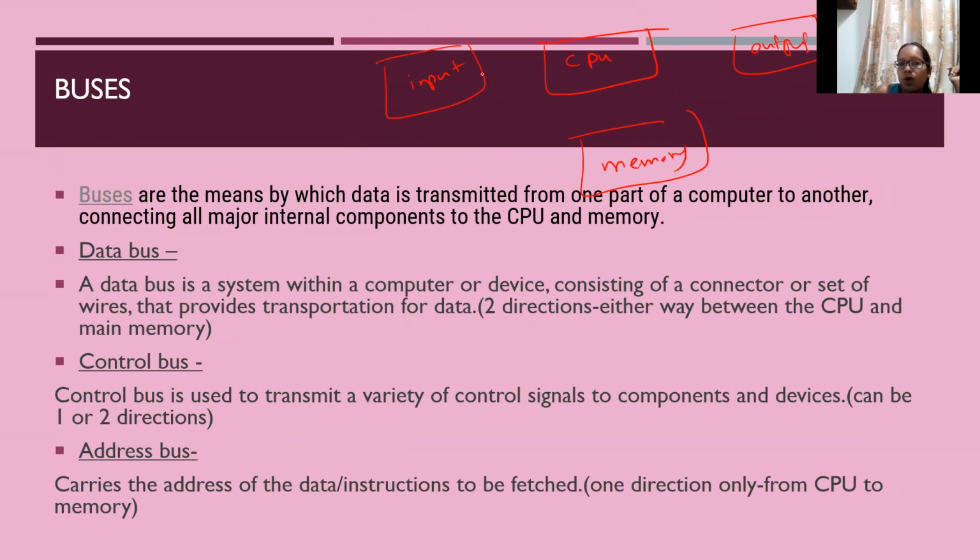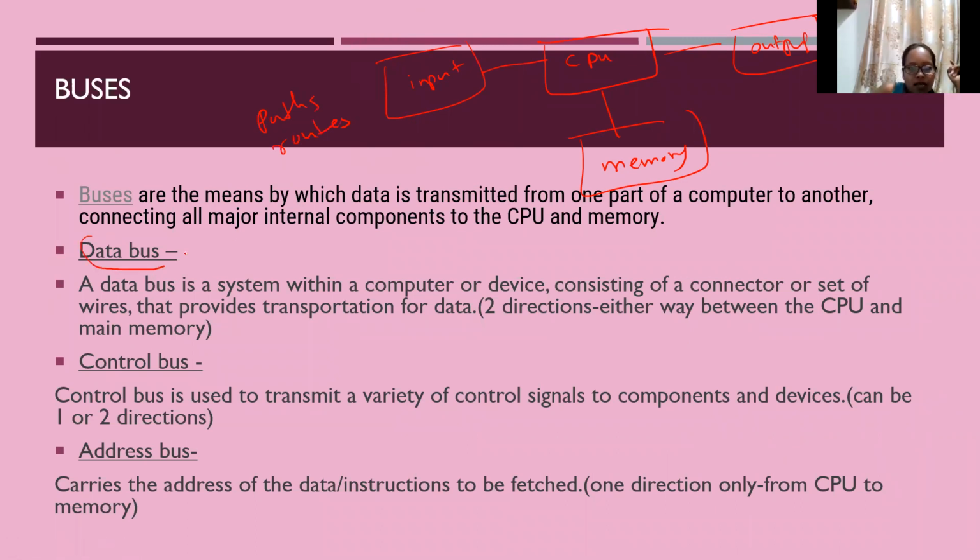Now, in order to go here and there through these components, there should be some paths or roads available. Just in the motherboard itself, there are some paths available. Those paths or routes, we call buses.